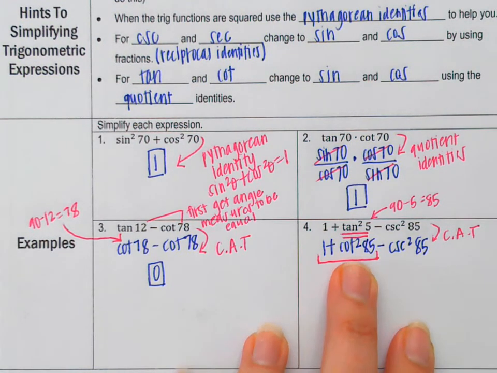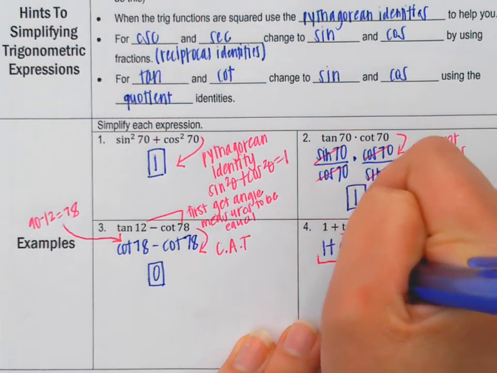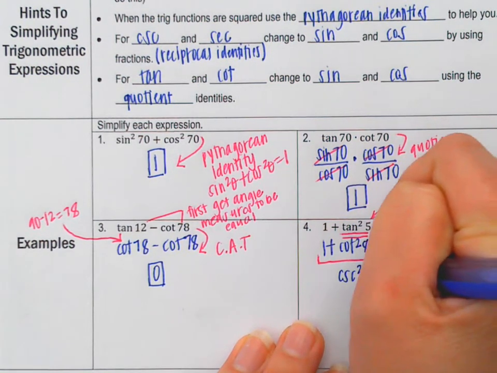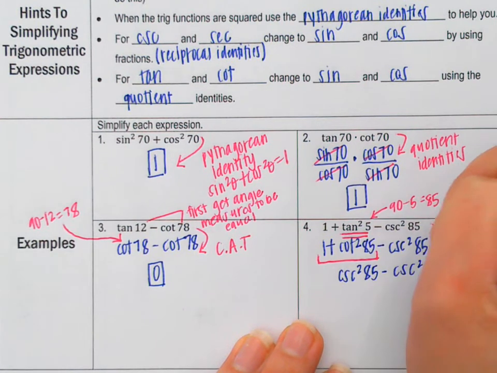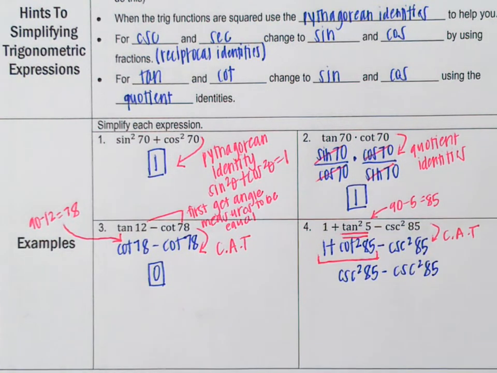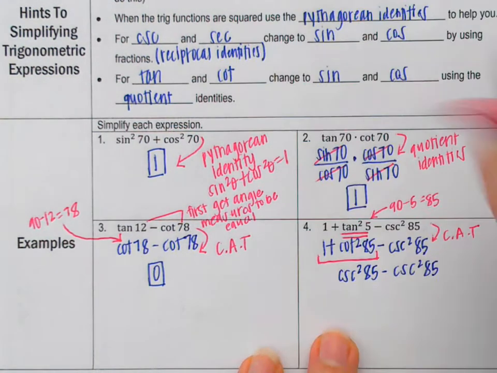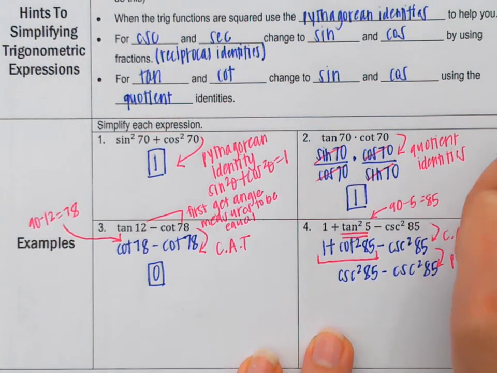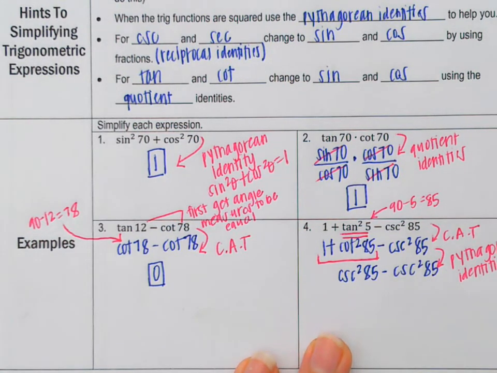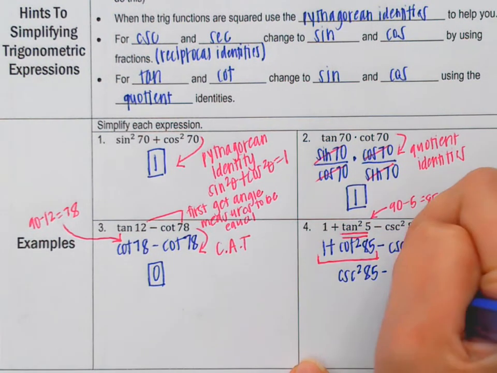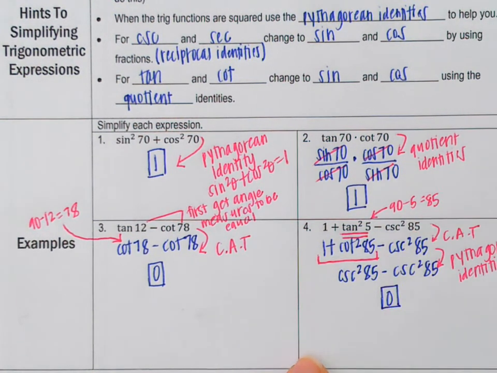So 1 plus cotangent squared 85 is going to be equal to cosecant squared 85. And then this just is brought down. So again, I applied my Pythagorean identities here. Okay, so then cosecant squared 85 minus cosecant squared 85 is 0. And that is that for number 4.